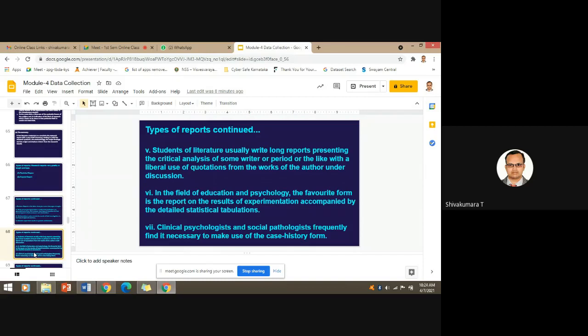The next is in the field of education and psychology. The favorite form is the report on the results of experimentation accompanied by detailed statistical tabulations. Usually in behavioral study and in the educational field, we present the report in tabular form. So what are the internal IA test 1 marks?